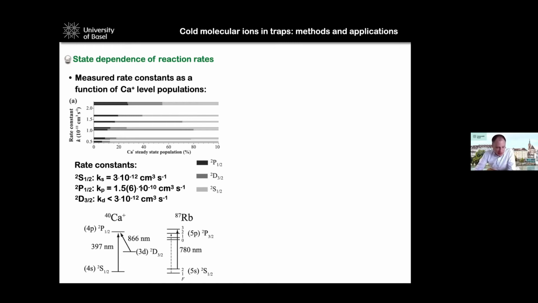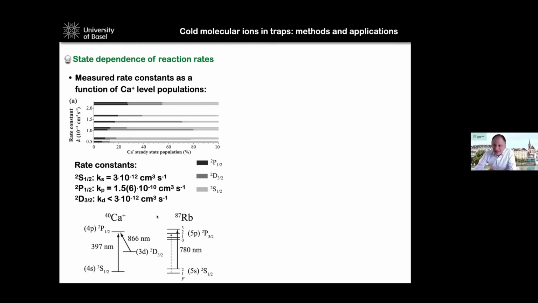So, what we now asked in these studies is, okay, what is the rate constant associated with collisions of ground state rubidium with calcium plus in any one of these three states? And it turned out that collisions with calcium ions in these excited p states are clearly the fastest, by more than 2 orders of magnitude compared to collisions in these other two states.